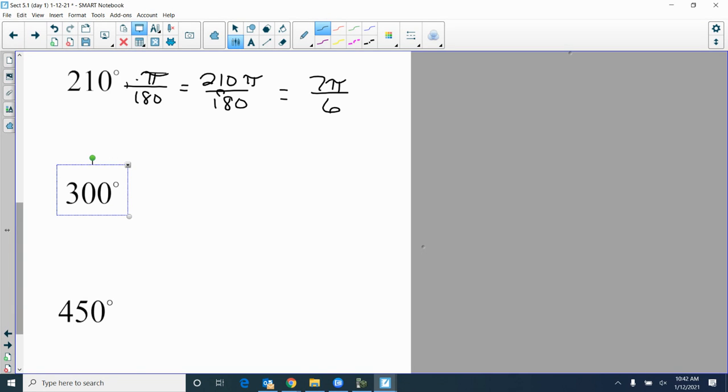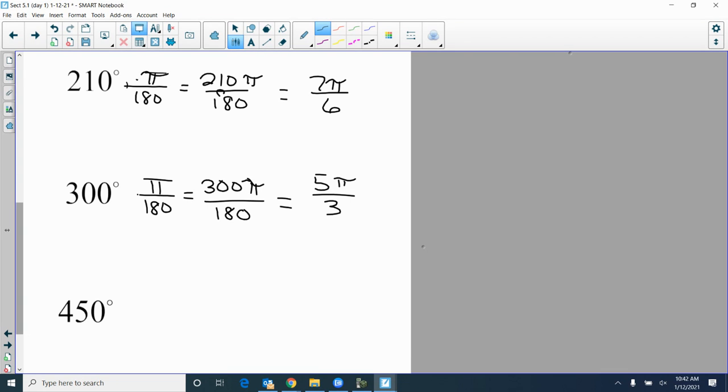Take that times pi over 180, which is really 300 pi divided by 180. You're really just reducing 300 divided by 180. Mackenzie, let me know what you get. Is it 5 pi over 3? 5 pi over 3 is correct.